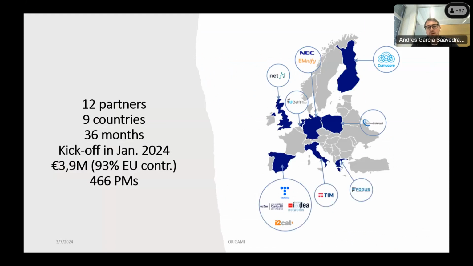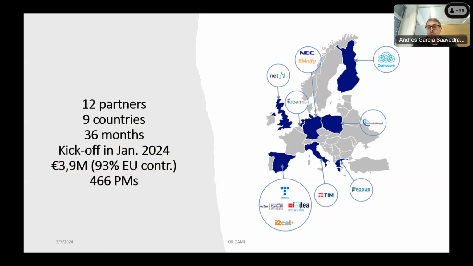So let me start the introduction of Origami by introducing the partners in the consortium that actually makes, or will make, this project successful. As you can see from the screen, we have 12 partners distributed among different member states or associated members. We have two large operators, Telefónica in Spain, which happens also to be the project coordinator of the project, and Telecom Italia.